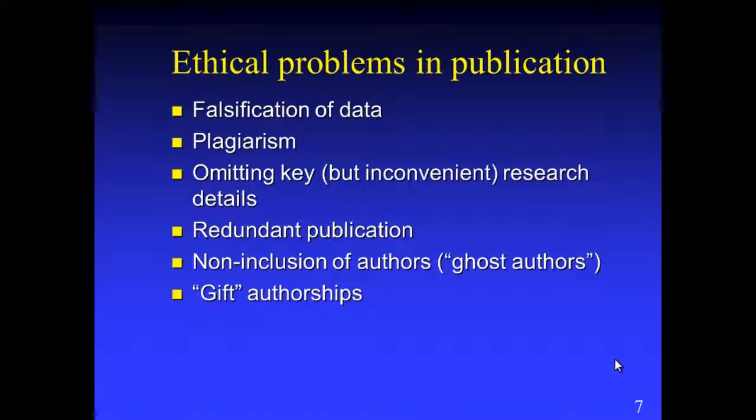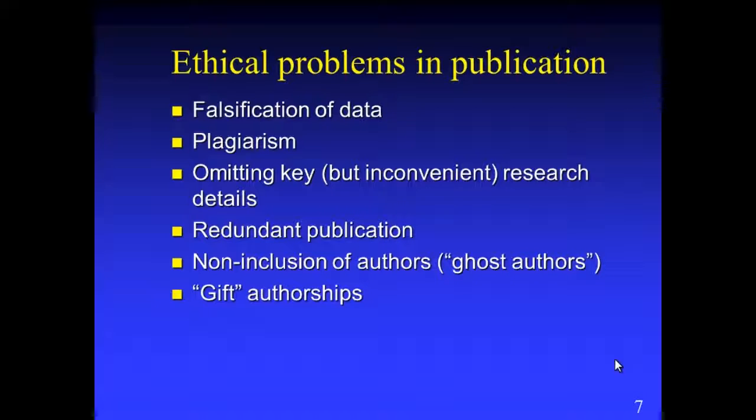Usually there's a way to fit it in, but people sometimes don't, and this does lead to, apart from the non-publication issue, the omitting of key details, another bias that plagues the literature right across science, really, but also in public health and epidemiology.